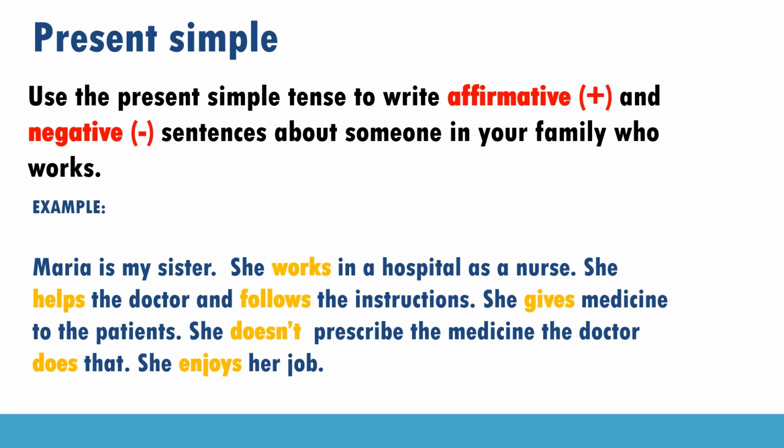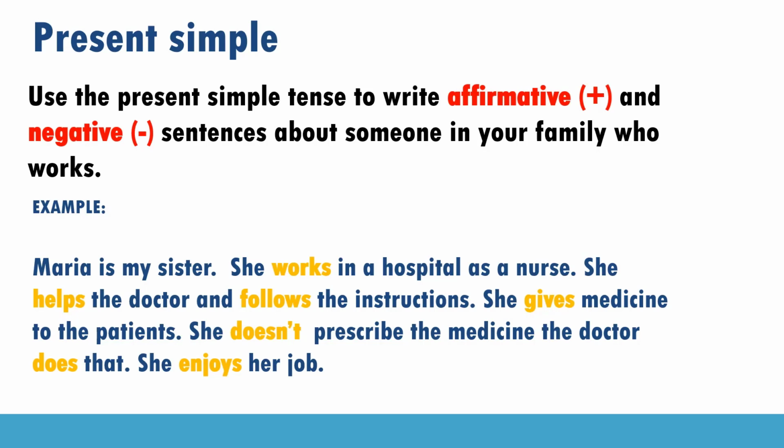For example, we've got here an example for Maria. Maria is my sister. She works in a hospital as a nurse. She helps the doctors and follows the instructions. She gives medicine to the patients. She doesn't prescribe the medicine. The doctor does that.